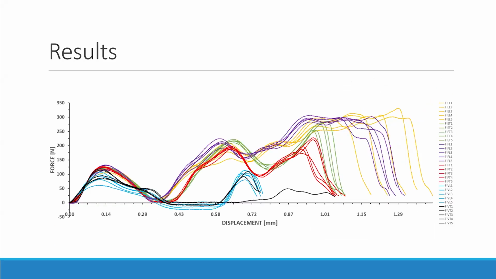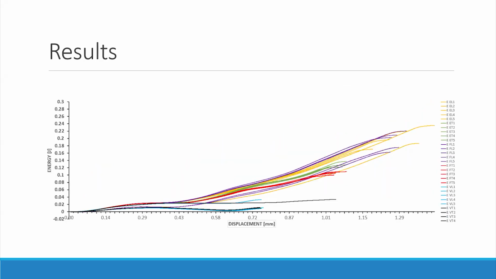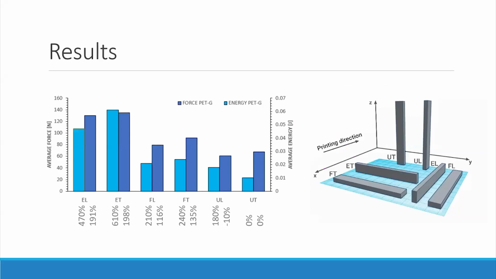Results can be seen here on this detailed graph for the relation between force and displacement, and this graph for energy and displacement. But for simplicity, we can use average values and get this graph. We can see that the best performer is EP, that is the on-edge transverse specimen, and the worst performer specimen is UP, upright transverse.